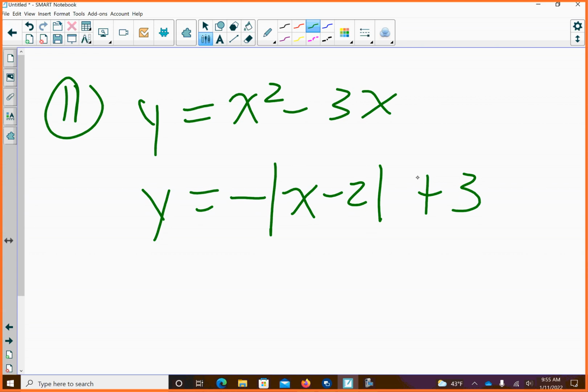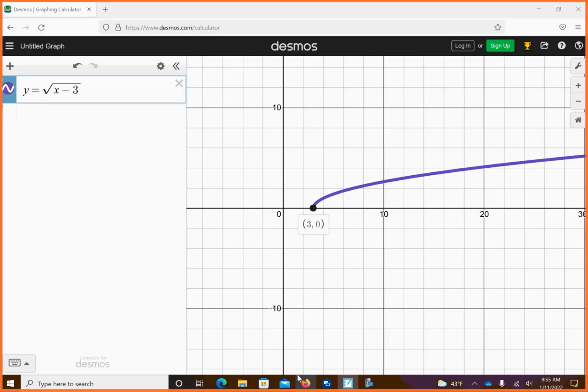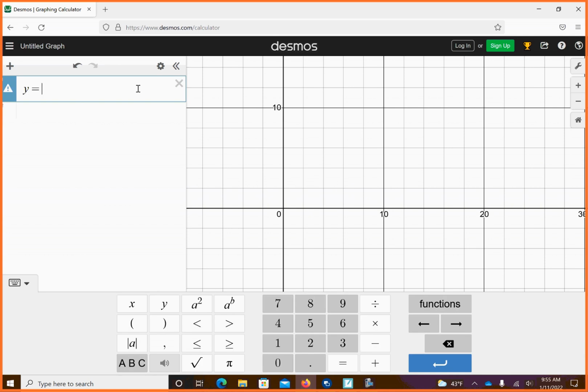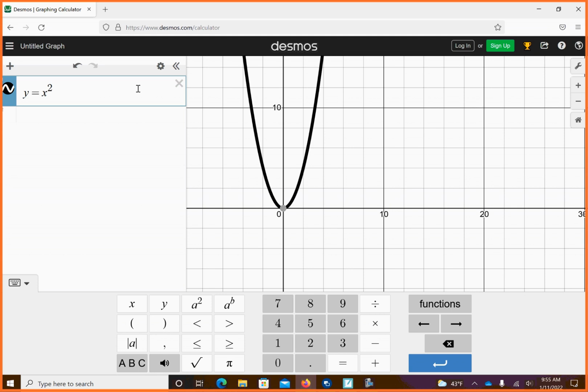As I look at this, I don't think there's a value that if I plug in for any of my x's, that's not going to work. But just for the heck of it, let's just work it because I want to see if I can get my information. So I got y equals x squared minus 3x.